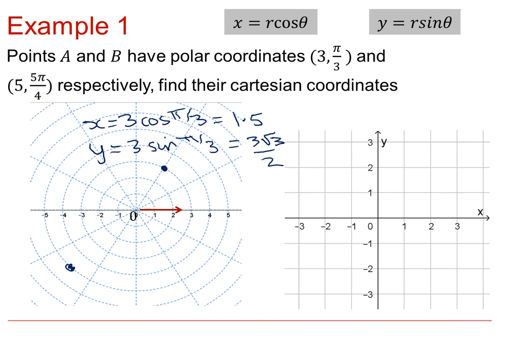If we were to plot this on the Cartesian grid, it would give us a point at about here. This is in the same quadrant we are expecting.